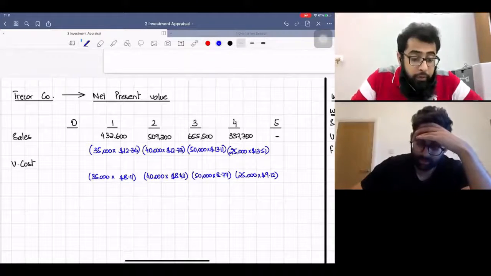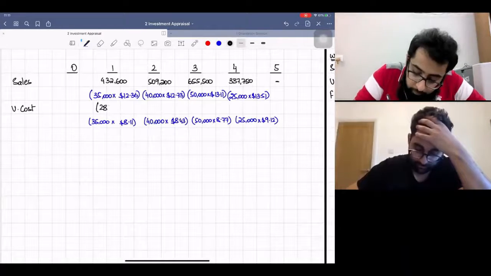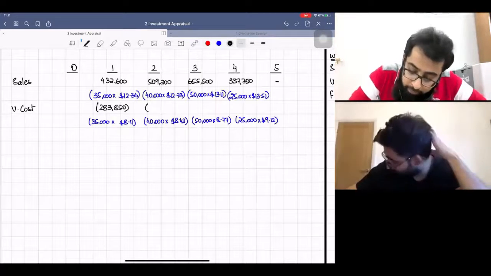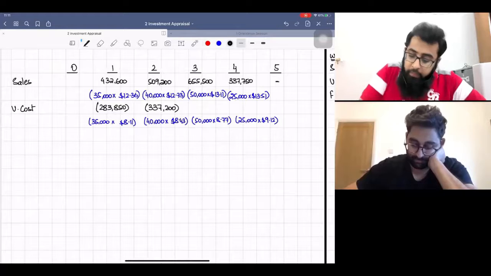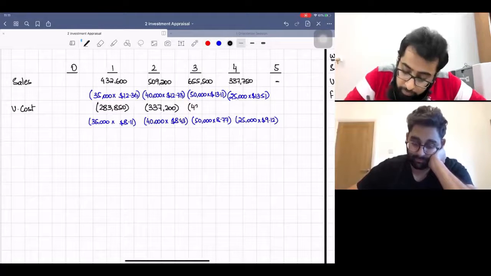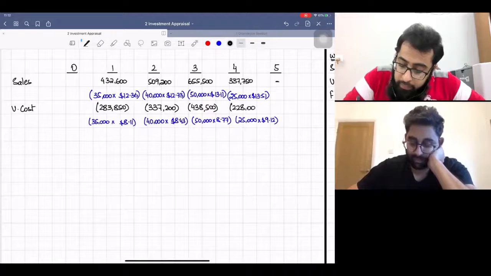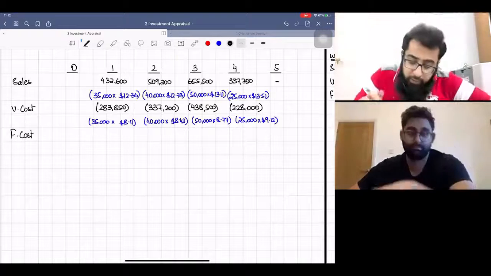Okay, so the variable cost element: 35,000 into 8.11 gives me 283,850. Then 337,200. Then 438,500. And then 228,000. Okay, so this is the variable cost, and then we put the fixed cost element.